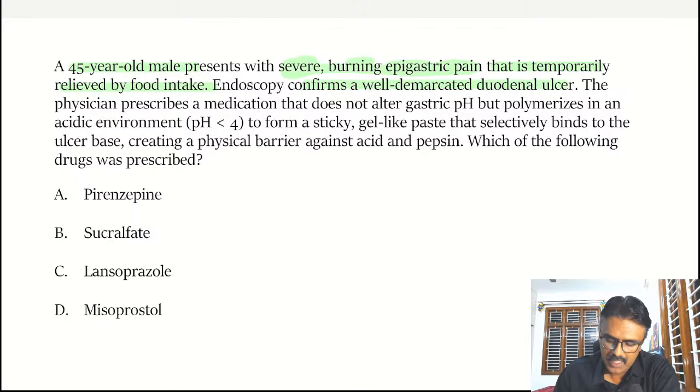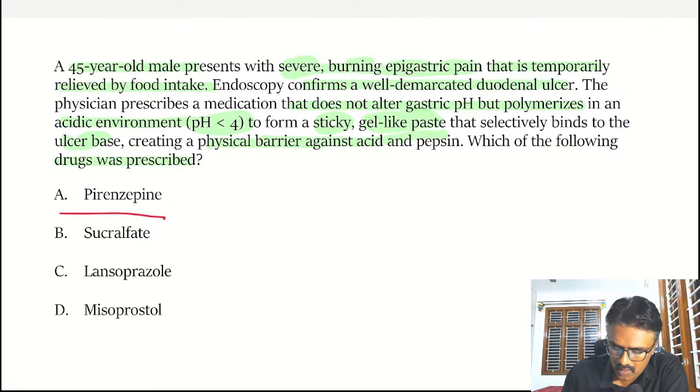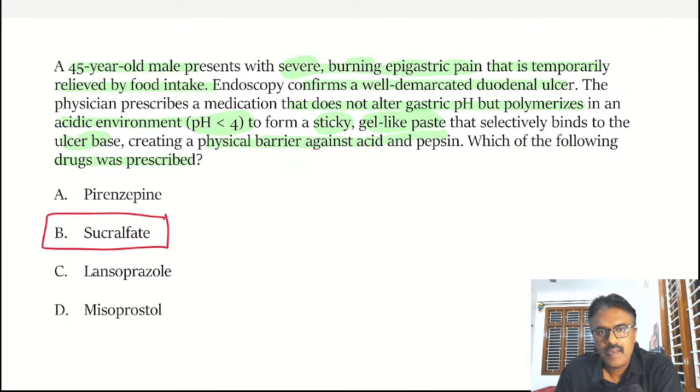The physician prescribes a medication that does not alter pH but polymerizes in an acidic environment, pH less than 4, to form a sticky gel-like paste, binds to the ulcer base and creates a barrier. Which of the following drugs was prescribed? So what is a drug which is ulcer protective? Yes, most of you answered it, the name is sucralfate. Remember, sucralfate changes the fate of ulcer.